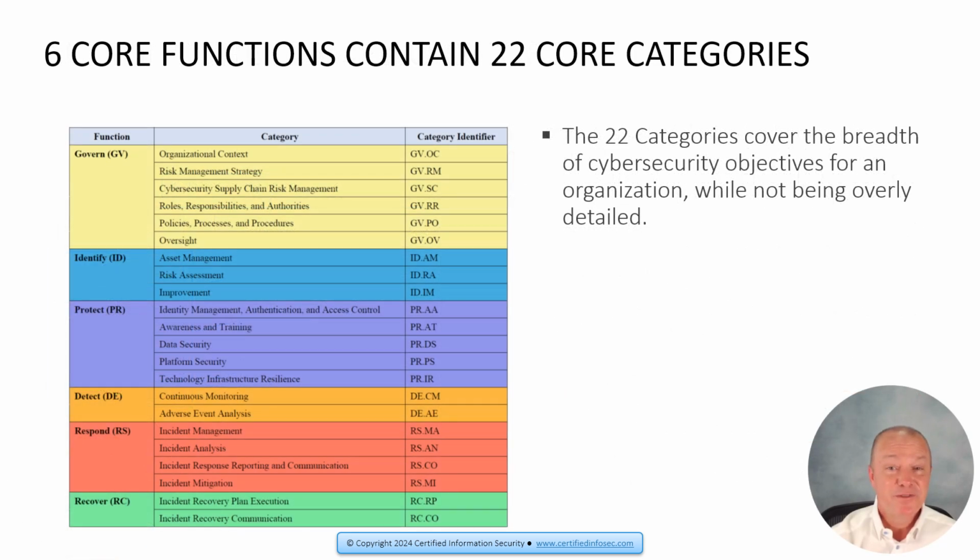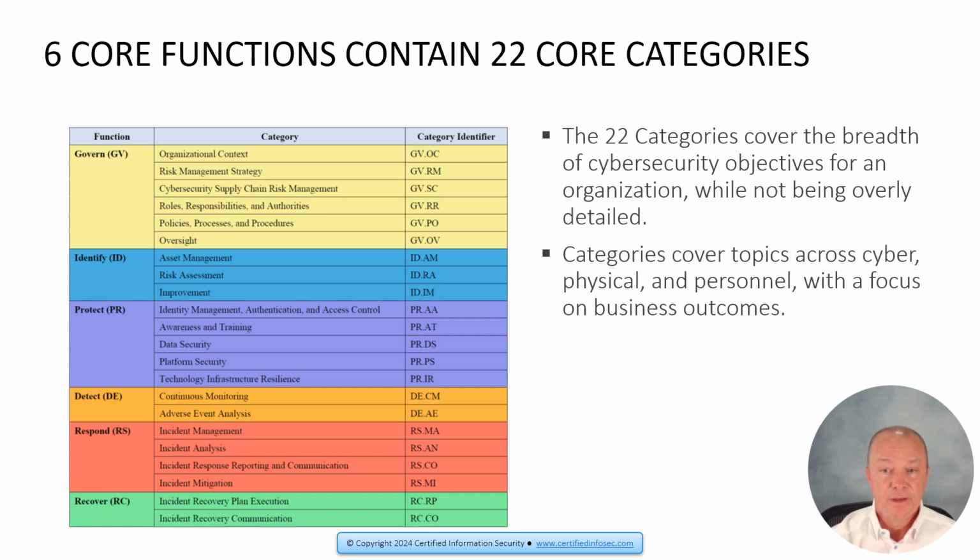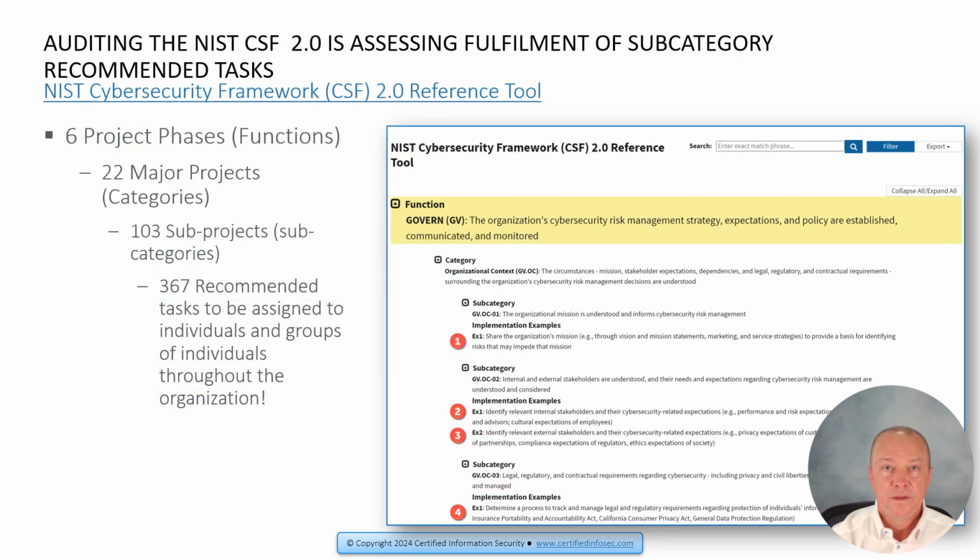So remember, the 6 functions have 22 subject matter categories covering the breadth of cybersecurity objectives for an organization. Categories cover topics across cyber, physical, personnel, but always with a focus on business outcomes. So this means that auditing the organization's cybersecurity program for conformance to NIST CSF 2.0 recommendations means essentially starting with ensuring that the recommended tasks are being properly performed.